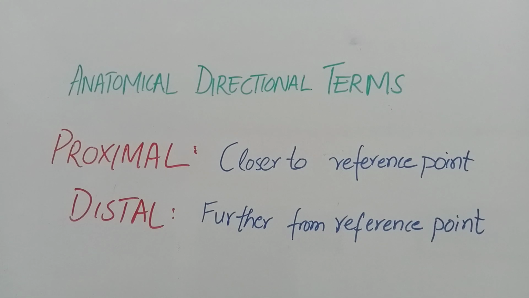If we talk about the digestive system, the mouth is the proximal part of the digestive system and the anus is the most distal part of the digestive system. In this way, we can also say that the duodenum is proximal to the colon. So these are the reference terminologies.